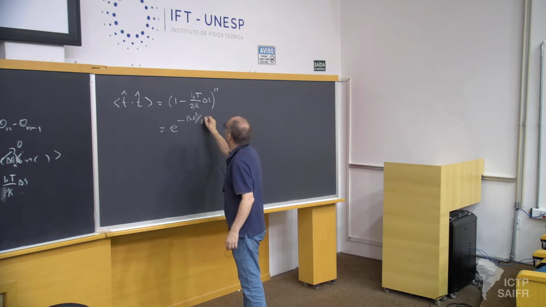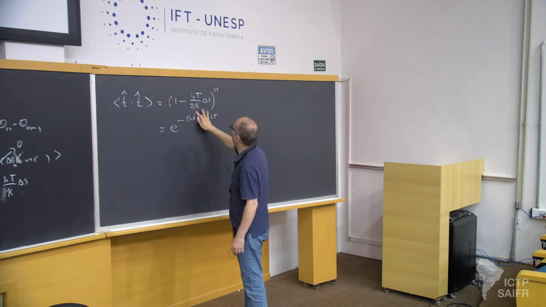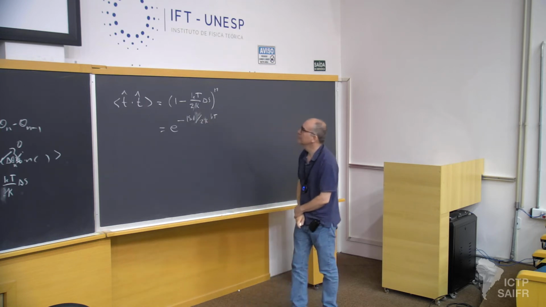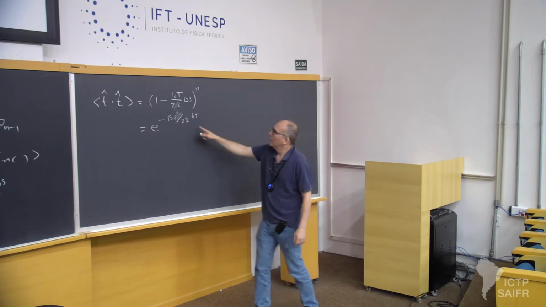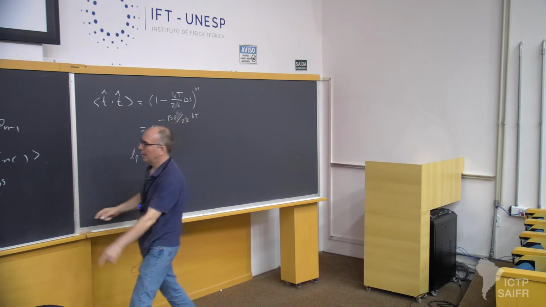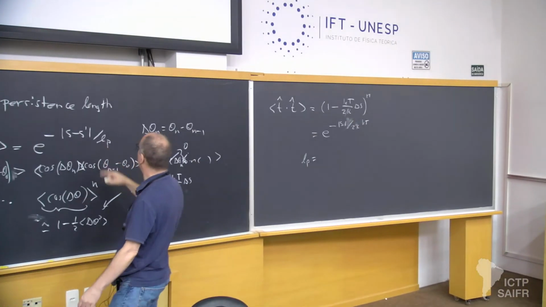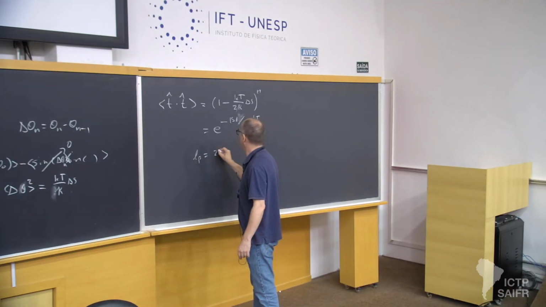Divided by 2 kappa times kT. Whoops, this is not squared. So this identifies LP by this analysis, or by that definition there, as 2 kappa over kT.